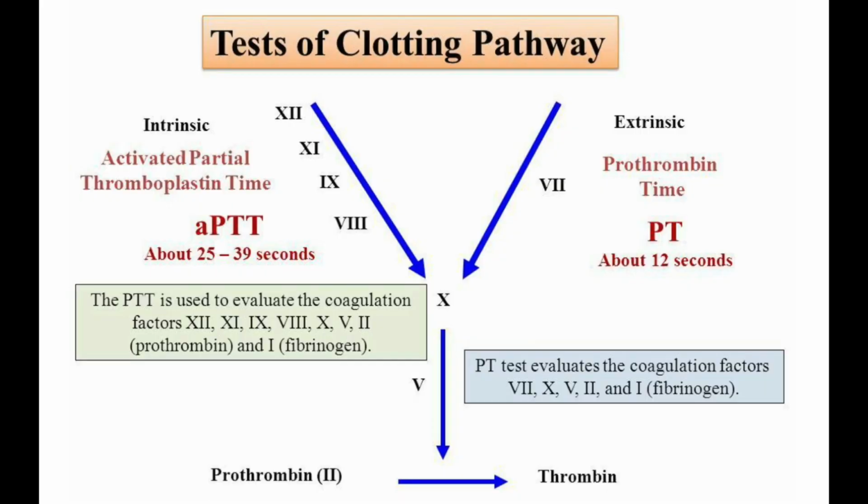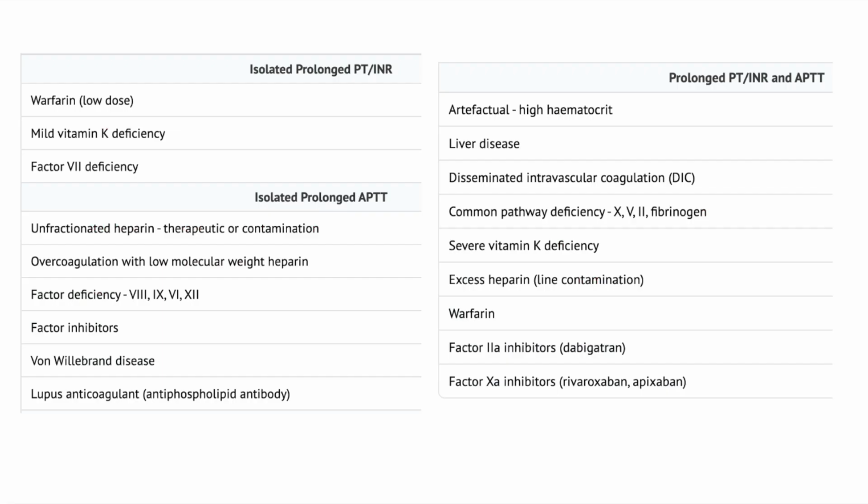If APTT is prolonged and INR is normal, what does that indicate? INR indicates the extrinsic system, APTT indicates the intrinsic system. So with prolonged APTT, we usually see a patient on heparin. Only on heparin? Any other cause?